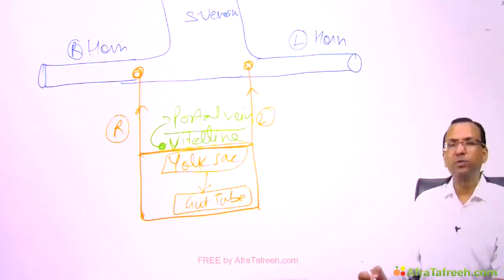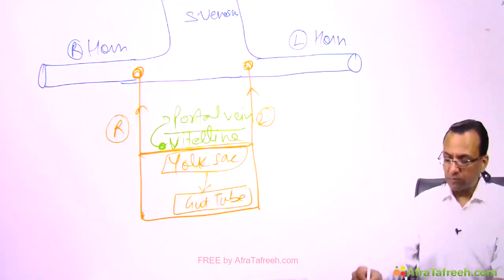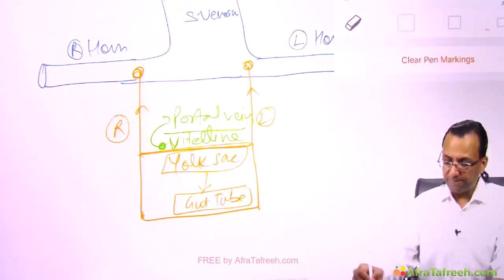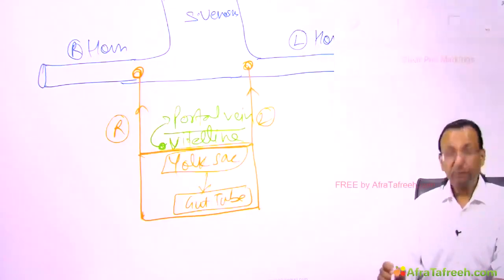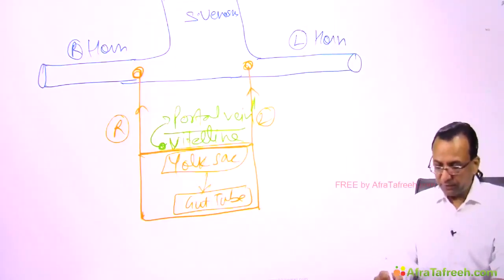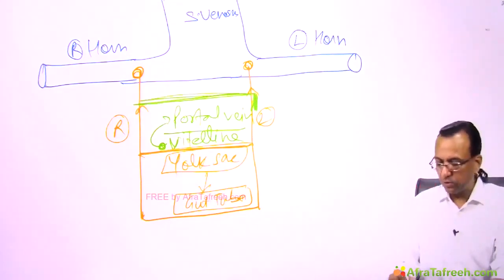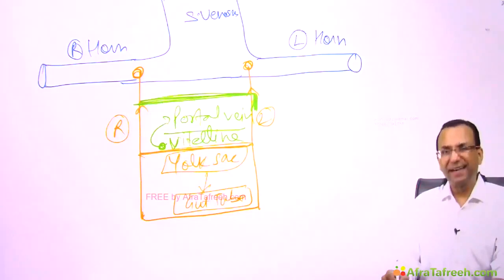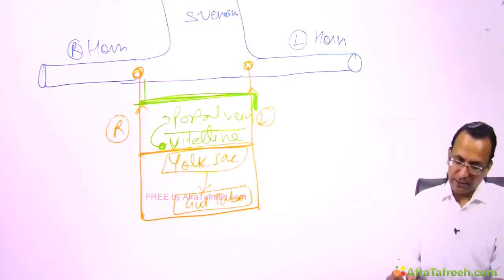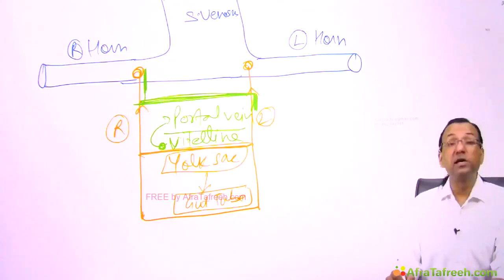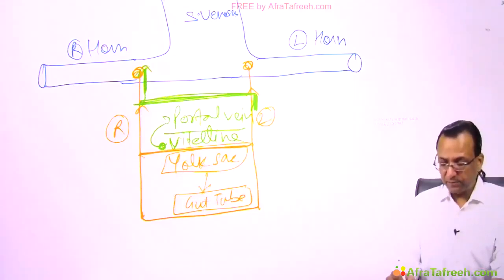Okay, so I'll tell you what happens. A small part of the left vitelline vein, a communication between the two vitelline veins, and the major portion from the right vitelline vein will form the portal vein.